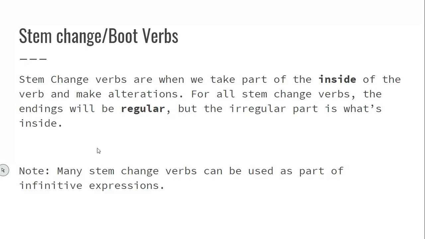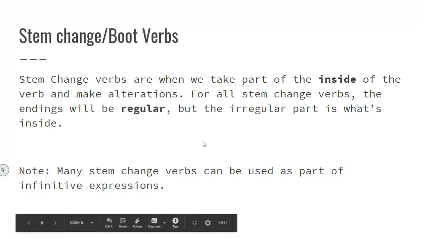As a note, many of our stem change verbs can and will commonly be used as part of infinitive expressions. And so as we go through these slides, you're going to notice it'll tell you exactly if there's a trigger. Some of these don't have a trigger, and so we can put the infinitive right after the first conjugated verb.